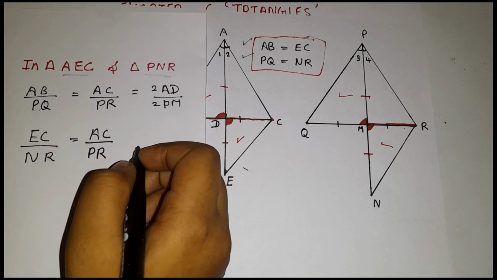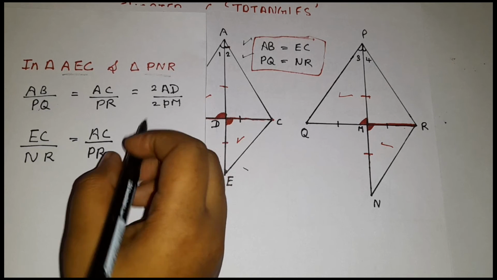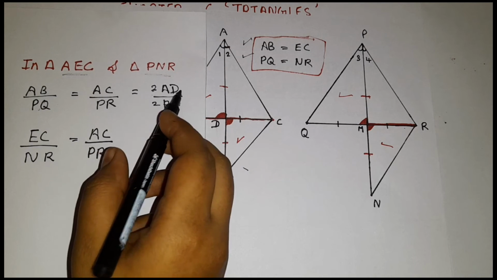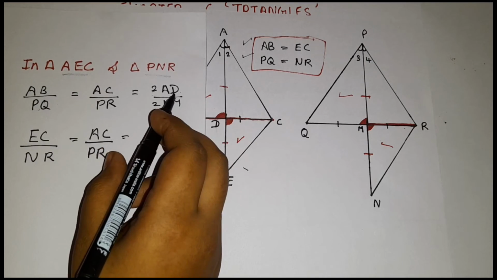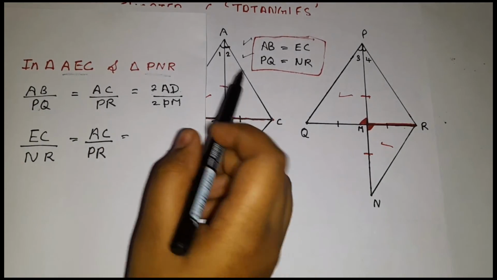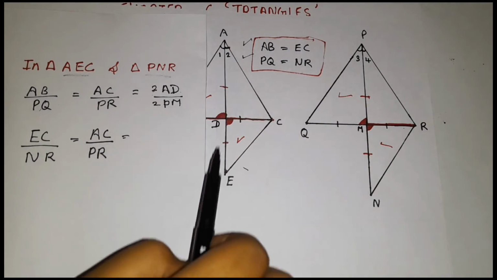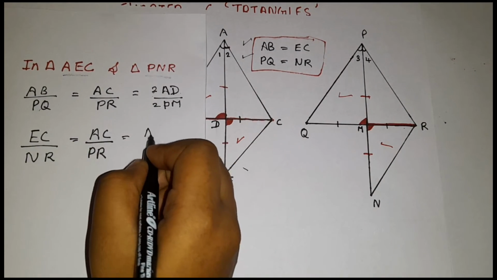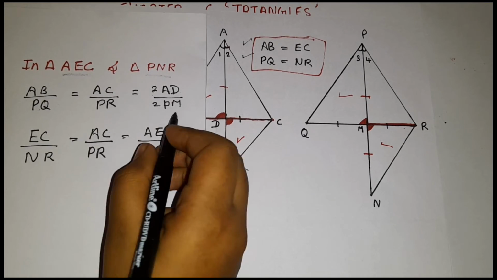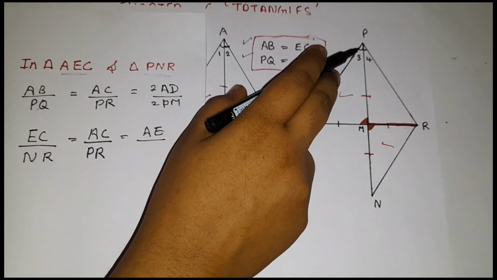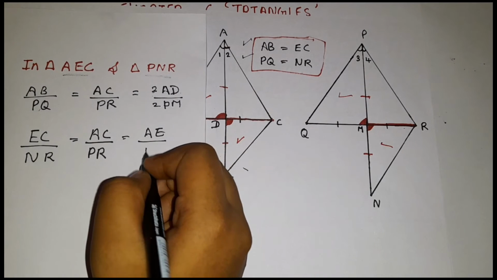And then here, double of AD means AE, right? I told you guys that double of this AD is AE. So AE by double of PM. PM is right over here, and double of PM is PN.